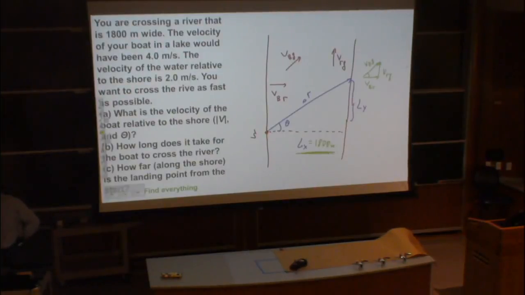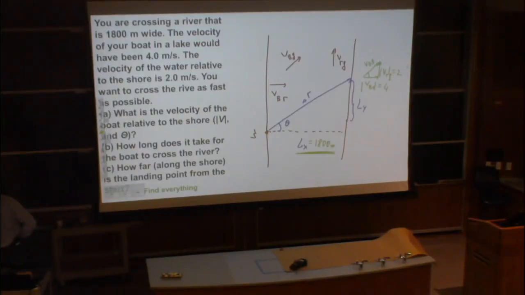It's important. Now, where else do we know? In the lake, it would have been traveling at 4. So, 4, what number? What velocity should I use? Yes, that's 4. The river, so now we're done.